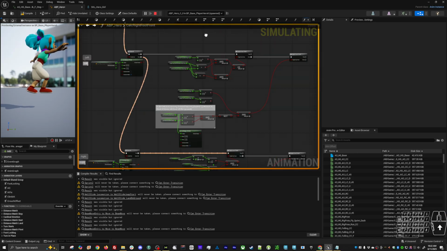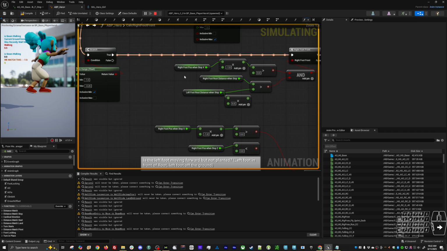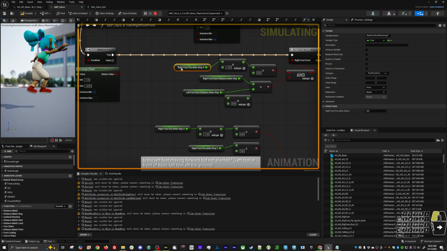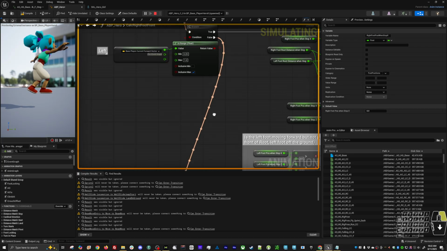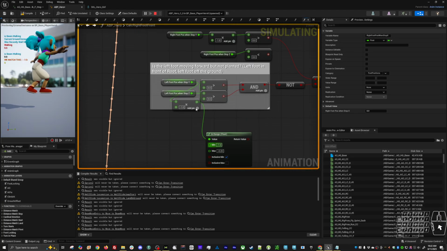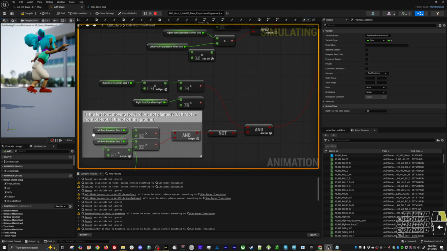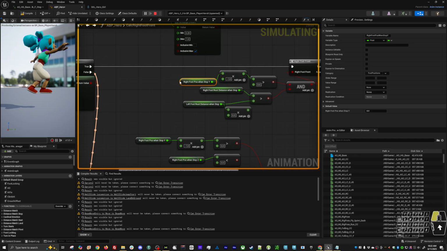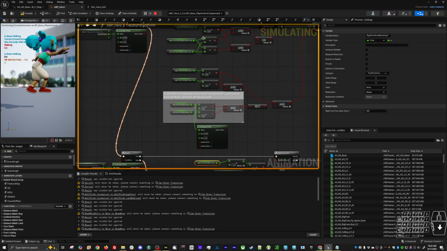So it looks like we're doing more or less the same thing per direction. We're just checking right foot front X if we're moving right or left. And then we're using right foot front Y if we're moving forward or backward.